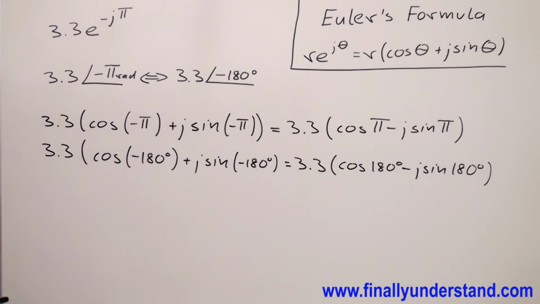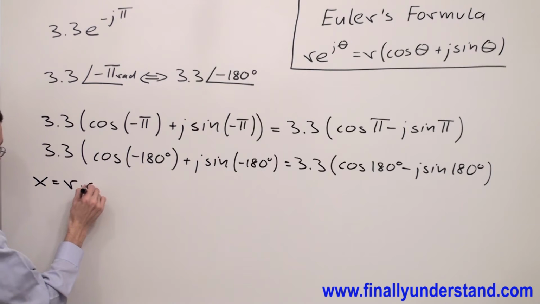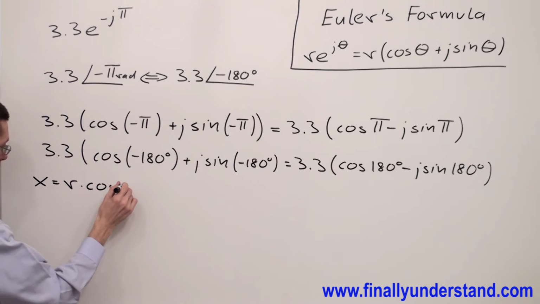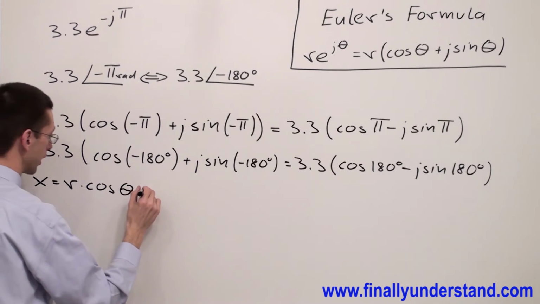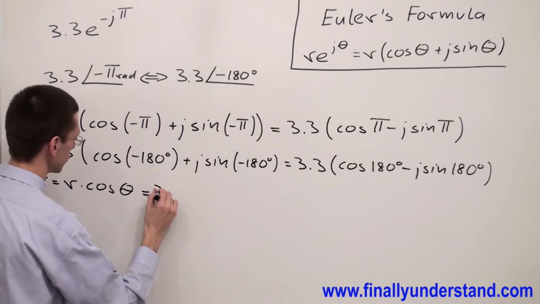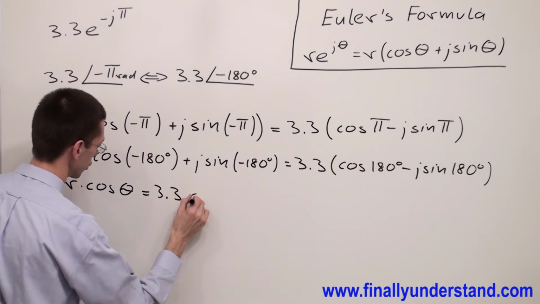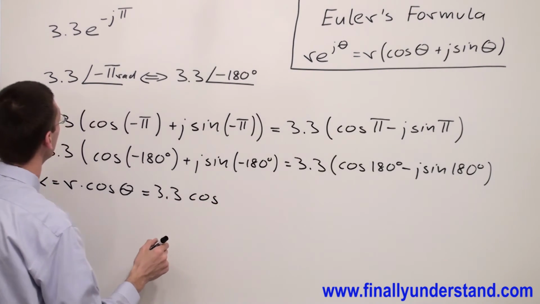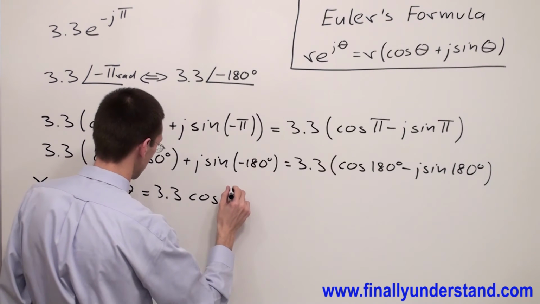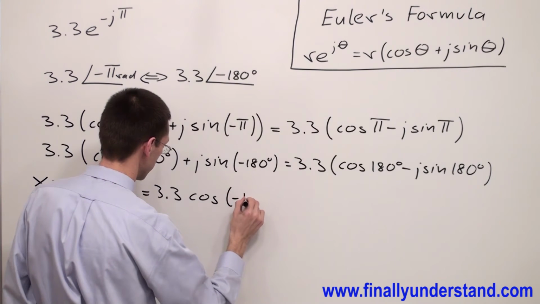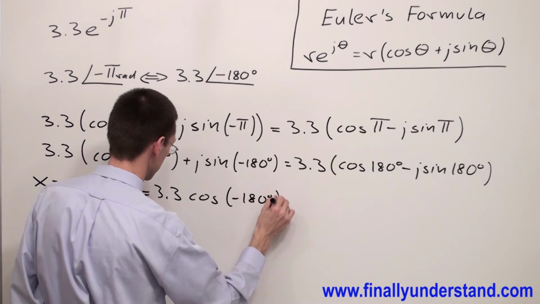Now let me go to the rectangular form. I have to find the real part first. x is equal to r times cosine theta, where r is equal to 3.3, this is my magnitude, cosine of angle negative 180 degrees.